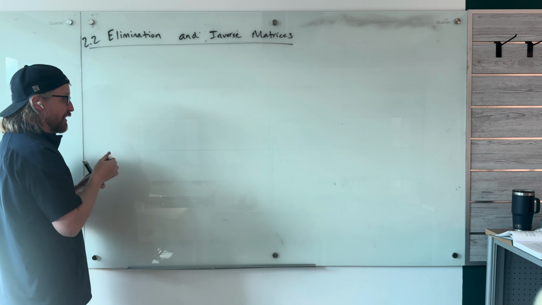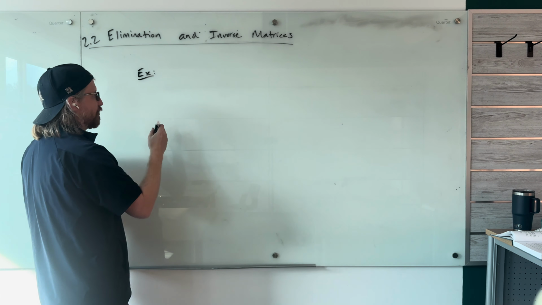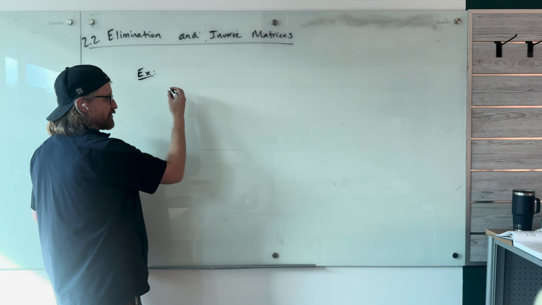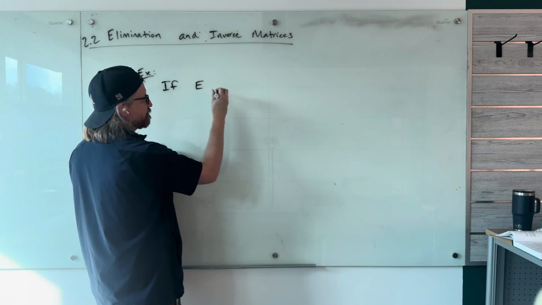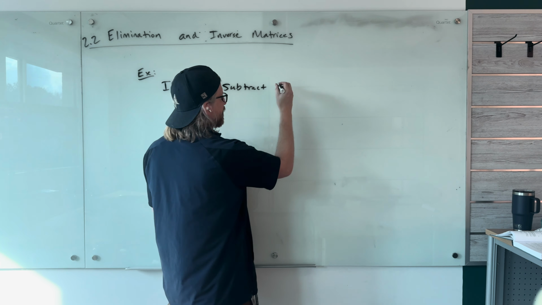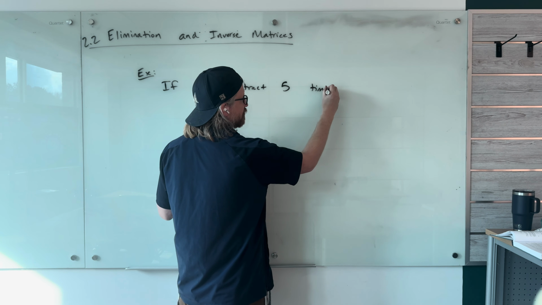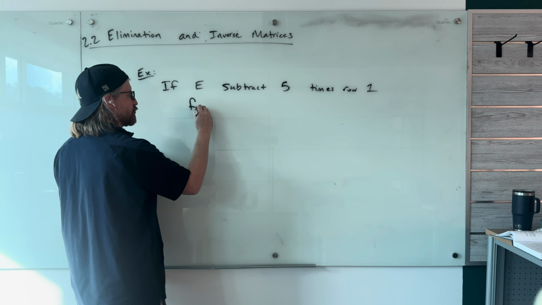So for example, and this line is taken from the text, let's say that we are going through the process of elimination and we're taking the elimination matrix E, and what that matrix is going to do is subtract 5 times row 1 from row 2.